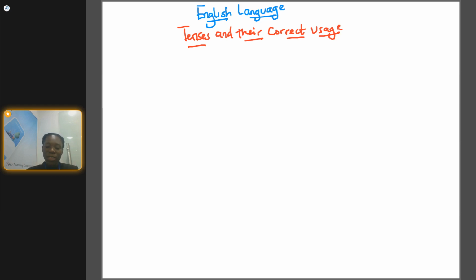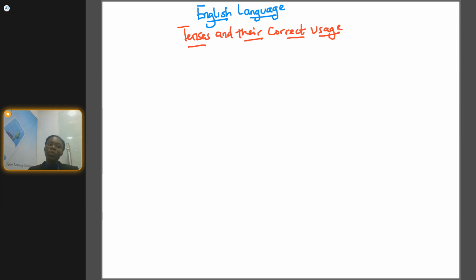Like I mentioned, we started the last class on grammatical patterns in use. This was where we looked at subject verb agreement. So we're going to do a very quick review of what we did in the last class before we dive into today's class.